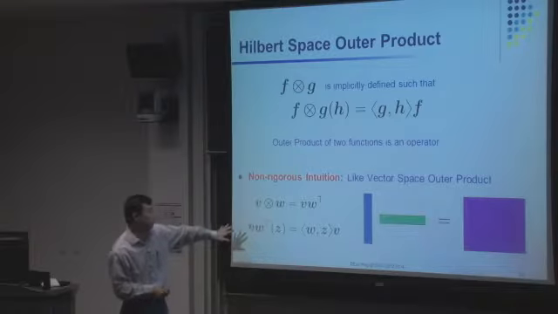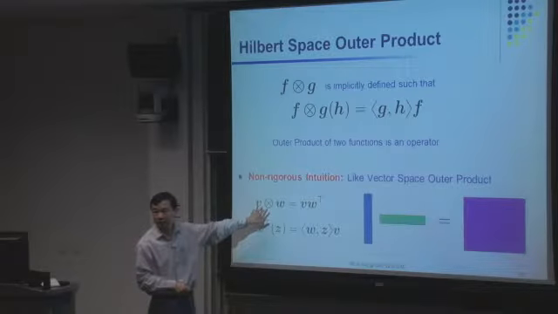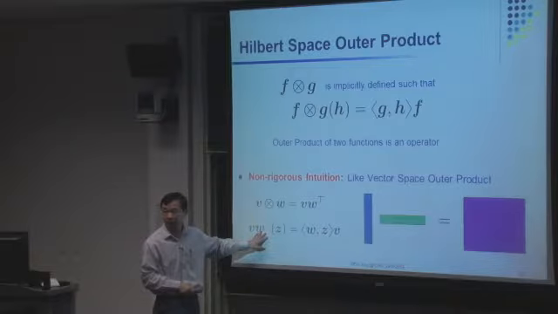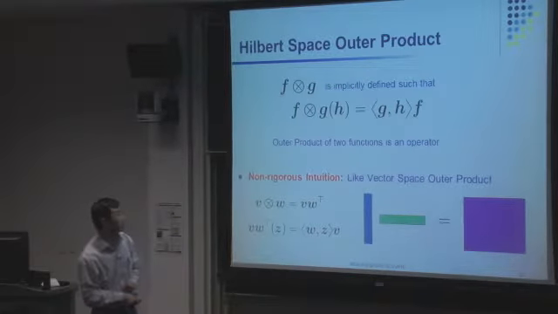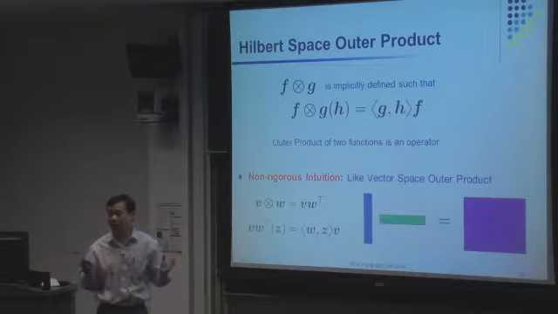And again, we have the vector space equivalent to that. The outer product operation in vector space satisfies this property. So in here we just define such a function that satisfies this property to be the outer product of two functions. So now we're talking about the outer product of two functions, not the outer product of two vectors.